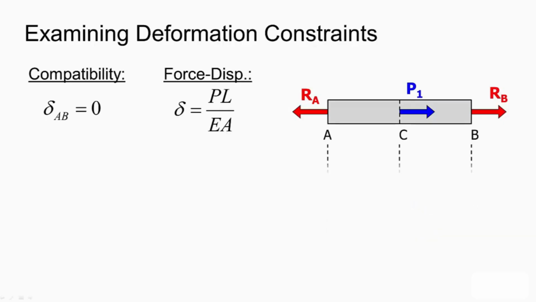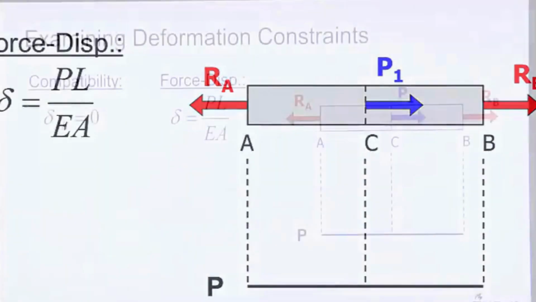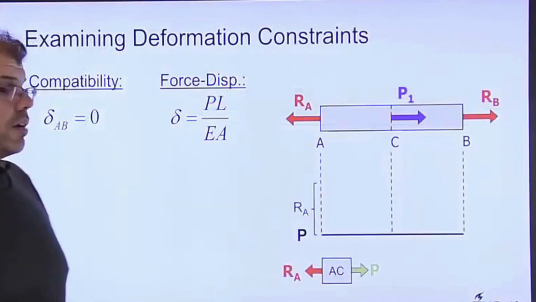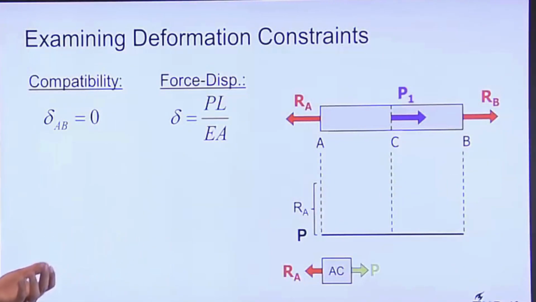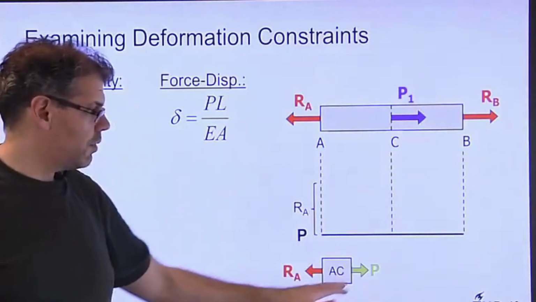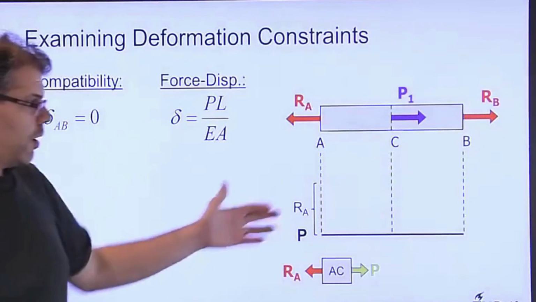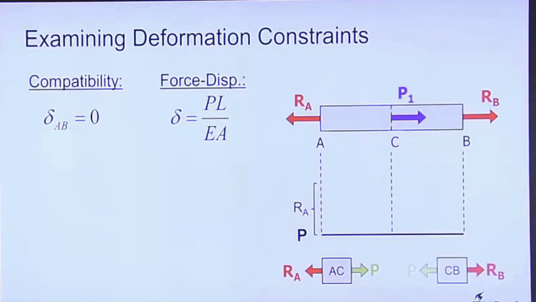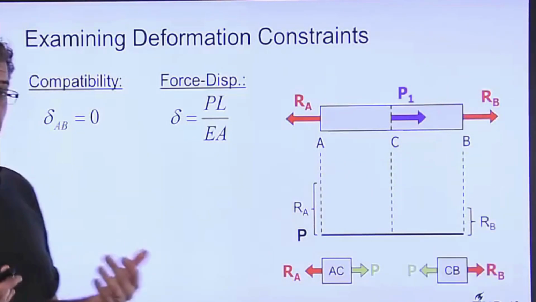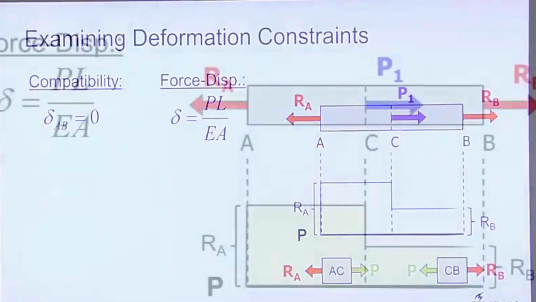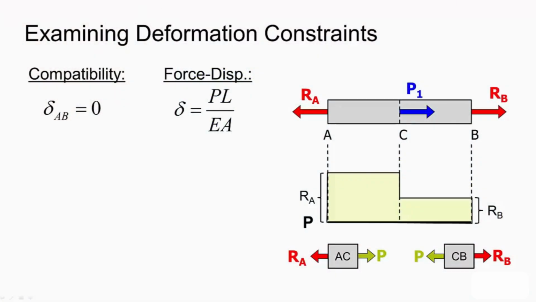If we look at what is occurring along the length of that rod, and we do a free body diagram between A and C, we can see from our free body diagram that our internal force has to be equal to RA. Similarly, for CB, our internal force has to be equal to RB. And we get an axial load diagram looking like this, varying from RA along length AC down to RB along length CB.